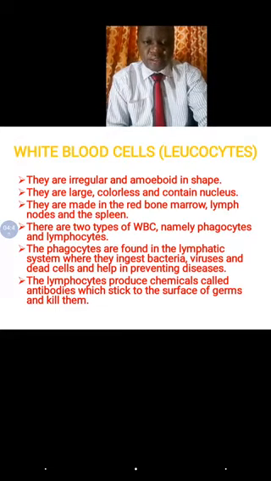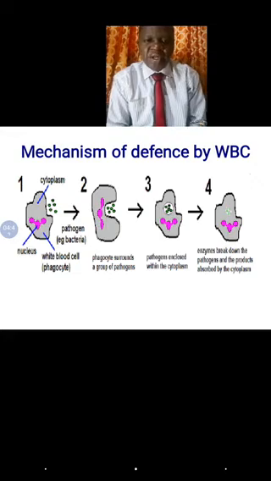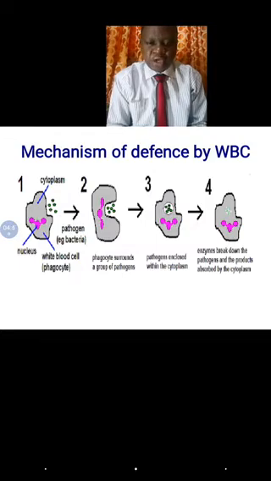So let's look at the mechanism of defense by white blood cells. This is an example of phagocytosis. You can see the white blood cell, which is a phagocyte, engulfing and ingesting the pathogen, which is a disease-causing organism, and you can see eventually the result.